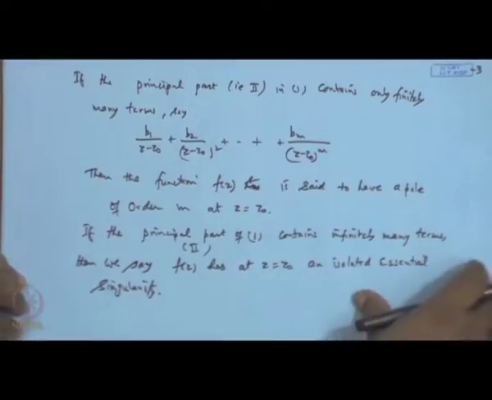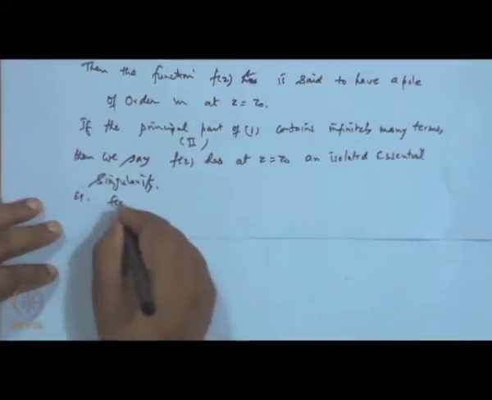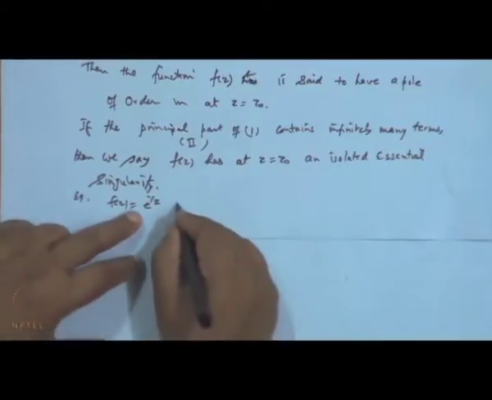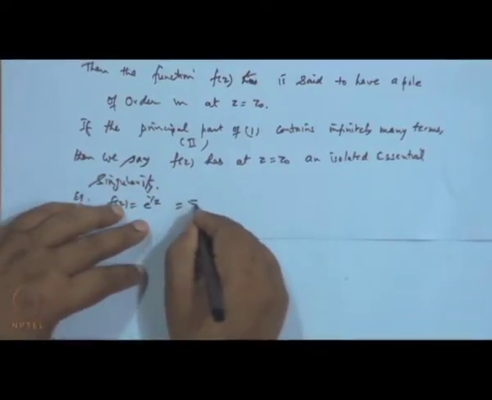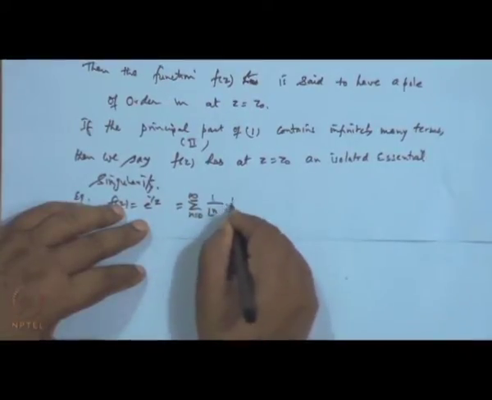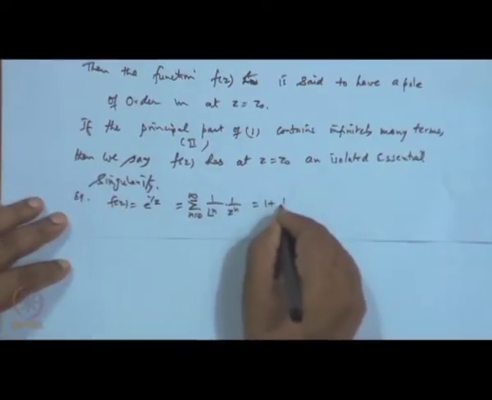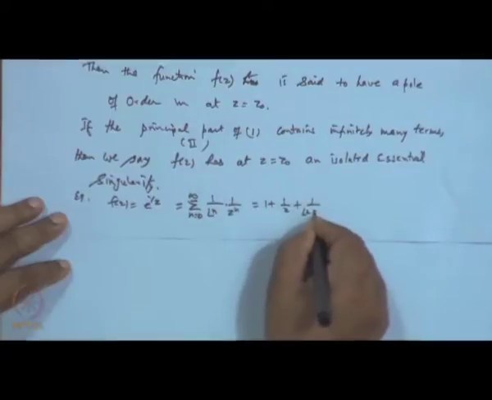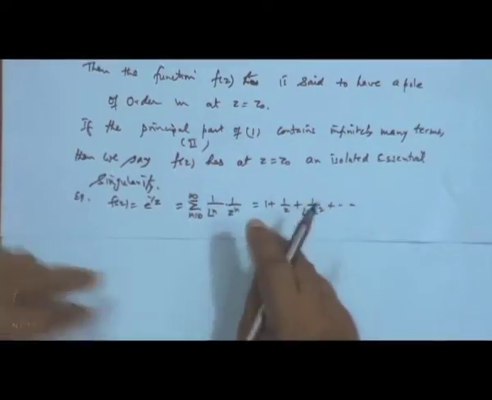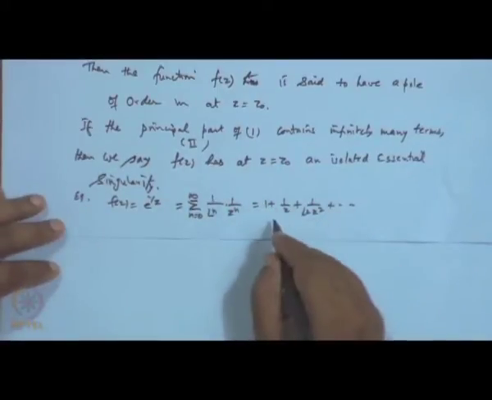For example, if we look at the function f(z) which is e to the power 1 by z. This function has an expansion, the sum from n equals 0 to infinity of 1 by factorial n into (1 by z)^n, that is, 1 plus 1 by z plus 1 by factorial 2 z square and so on. It does not have positive powers, only one constant term, and the rest are zeros.